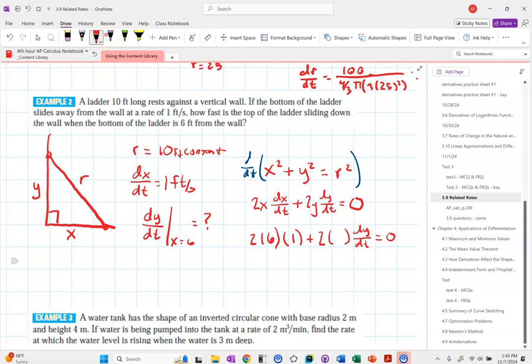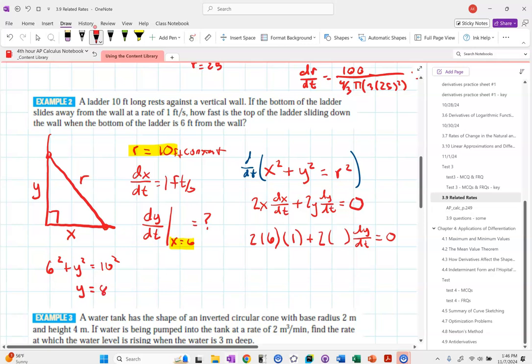Do we have enough information to solve for y? When x equals 6, r is still going to equal 10. The Pythagorean theorem is still going to hold. It's still a right triangle. So we can say that 6 squared plus y squared equals 10 squared. So y is going to be equal to 8.